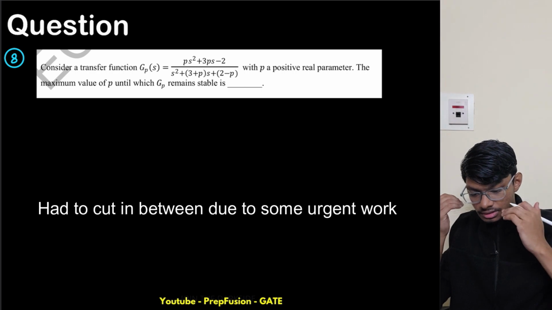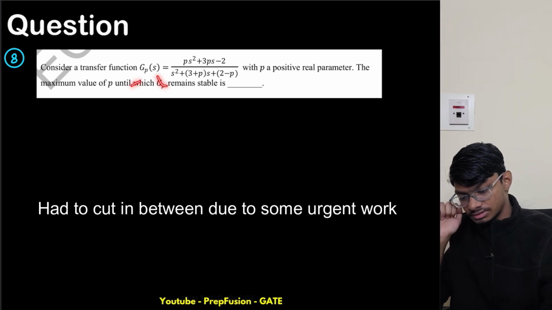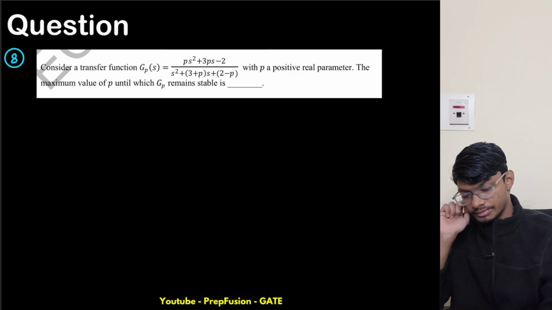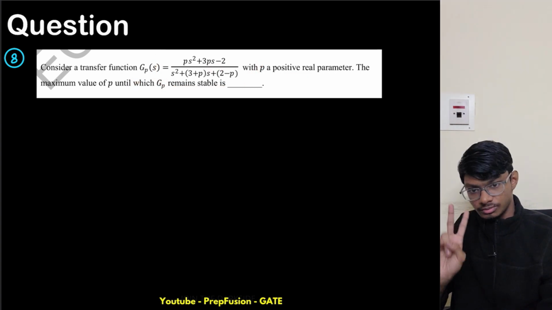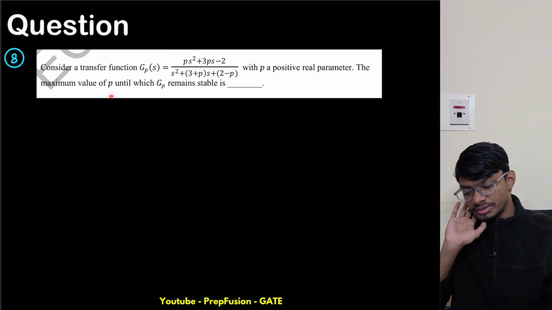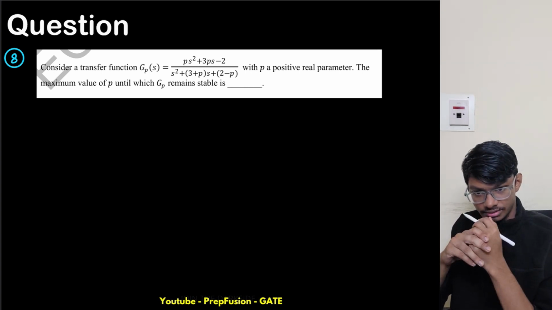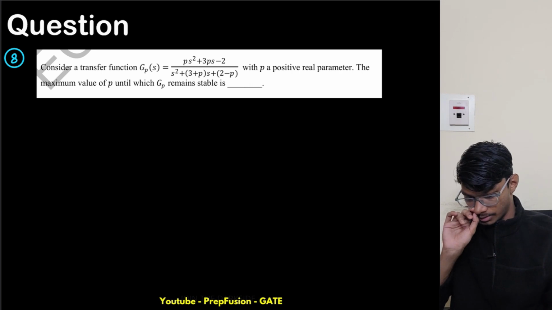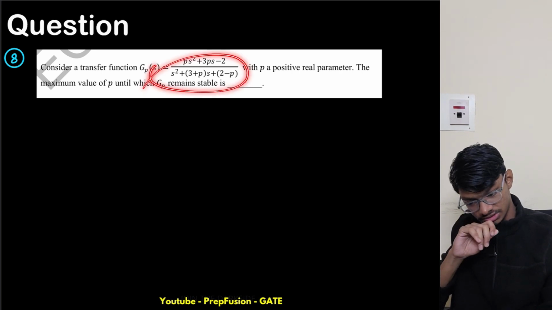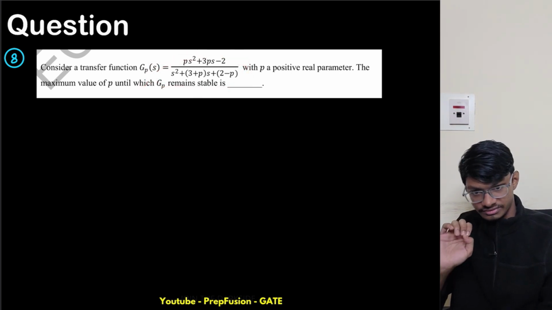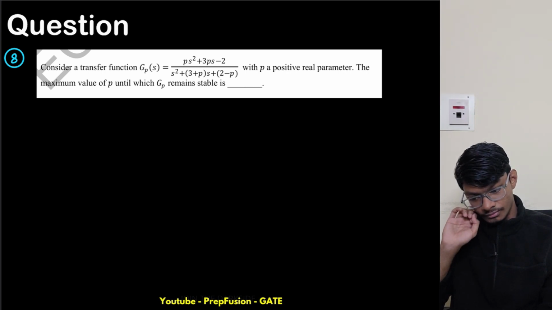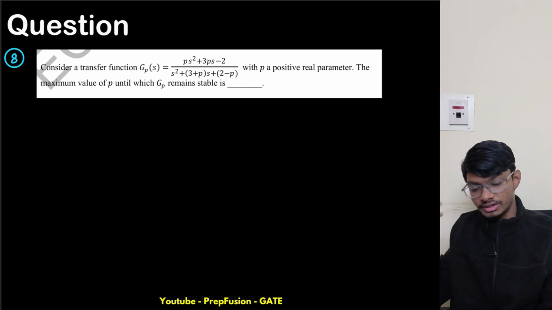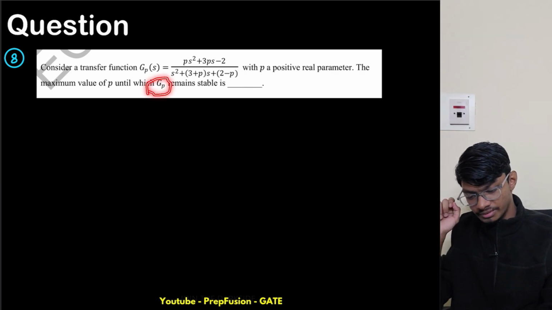So we have a plant transfer function like this one, with a positive real parameter p. We need the maximum value of p until which Gp remains stable. This time nothing is told about the OLTF, so I will consider this as my transfer function itself, not as my OLTF, because they have told us Gp has to remain stable.